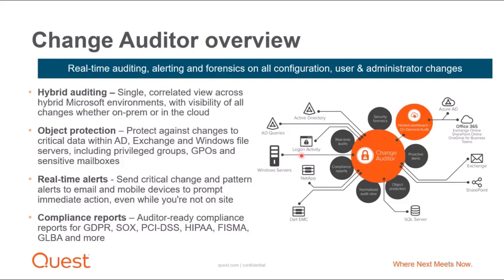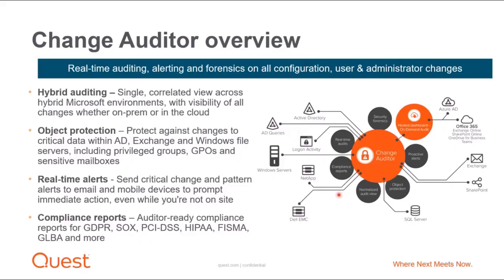It can be very key to understanding and identifying what's going on within the environment. And lastly, looking at compliance reports and understanding if you have a need to prove to different auditors and so forth what type of compliance you're keeping within your environment. We have that ability within Change Auditor as well.